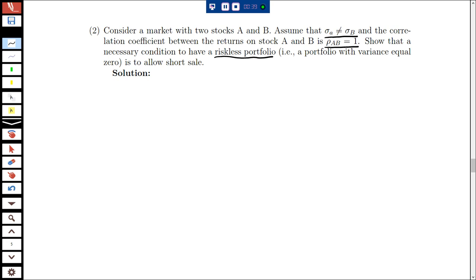Okay, so riskless portfolio, this means that the variance is going to be 0. So the portfolio variance, we know the standard equation for these two stocks is as follows.